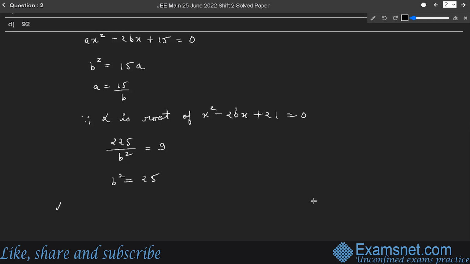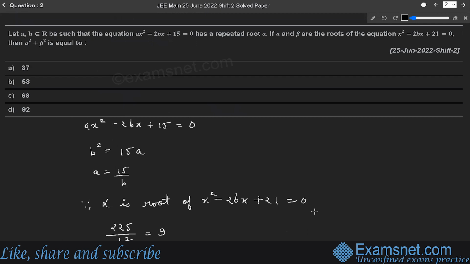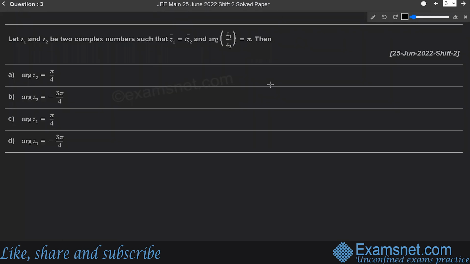Now, α² + β² can be equal to (α + β)² − 2αβ. So, this will be equal to 4b² − 42, which is equal to 100 − 42, which is equal to 58. Hence, we can say that the correct option for this question is option number B, which is 58.